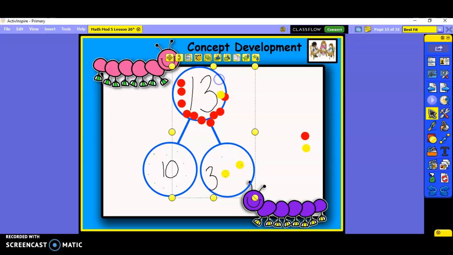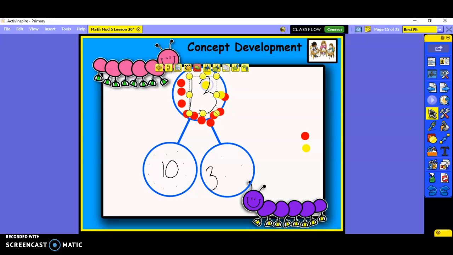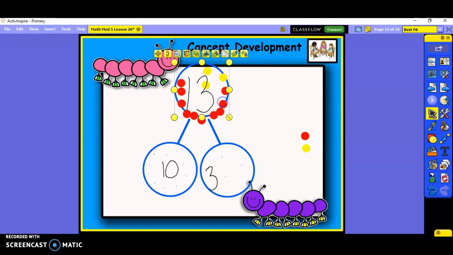There we go. Maybe we can put them in a circle around our 13. Okay, I think that's the best Miss Nakian is going to get today. There we go. So we put our 10 and our 3 together, and that gave us a whole of 13.